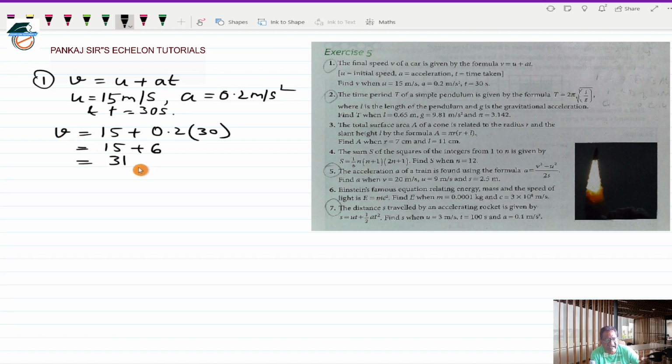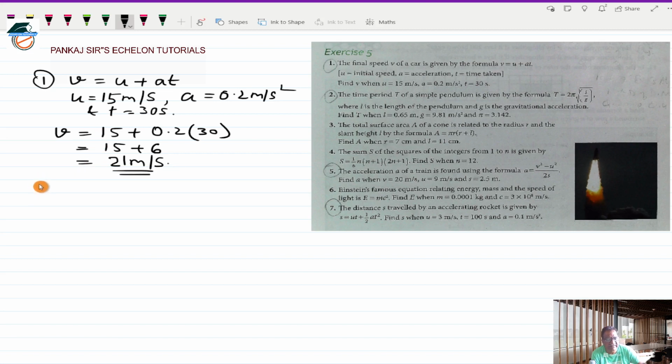The unit of velocity is meter per second, so the very first answer we have got is 21 meter per second as the value of v. You can do this on your calculator also.